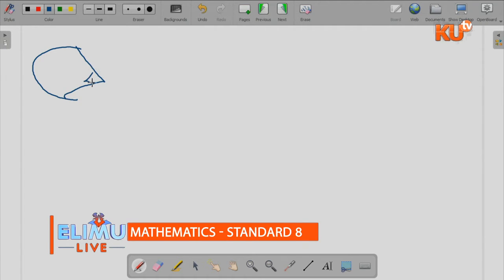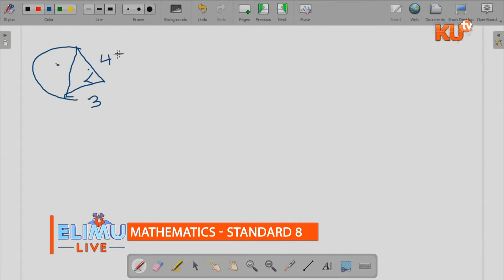If you have a figure like that, and here is 4, here is 3, here is 3, we can't take this one as a quarter circle. We are going to take this as 2 shapes. We are going to find the area of half a circle plus the area of a triangle.